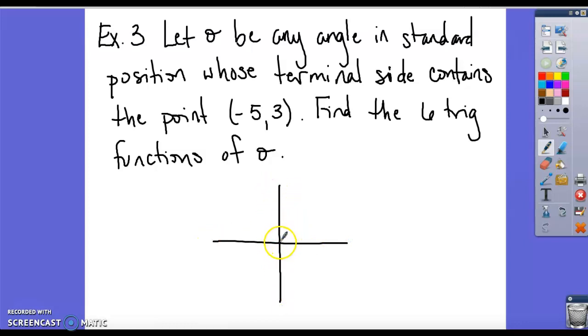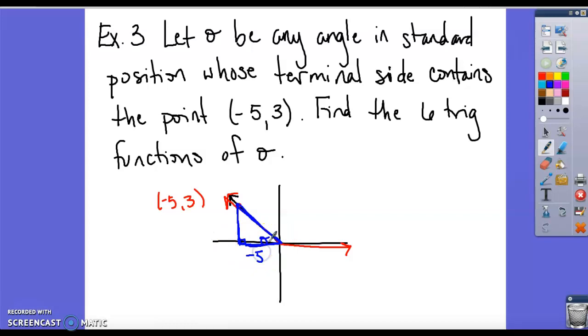This angle is just over here now at (-5, 3). Here's my angle, and it goes through that point, (-5, 3). But what I'm going to do here is make a right triangle out of this, like this. This is theta.